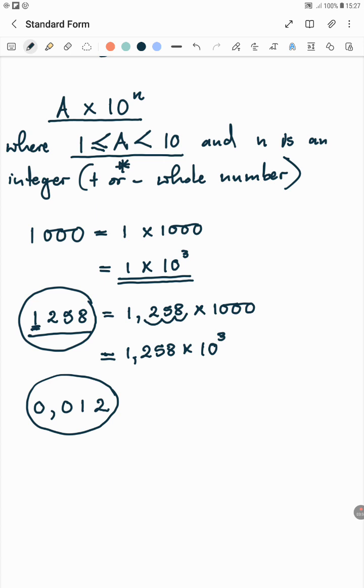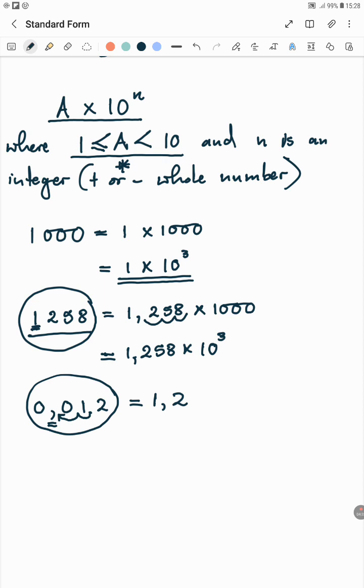So to make it a number that falls within this category, we have to move the comma to this point here. So if we move the comma, we have 1,2, right? But now the original position of this comma is to the left of where we have put it now. So I want you to understand that. Its original position is 1, 2 going to the left.